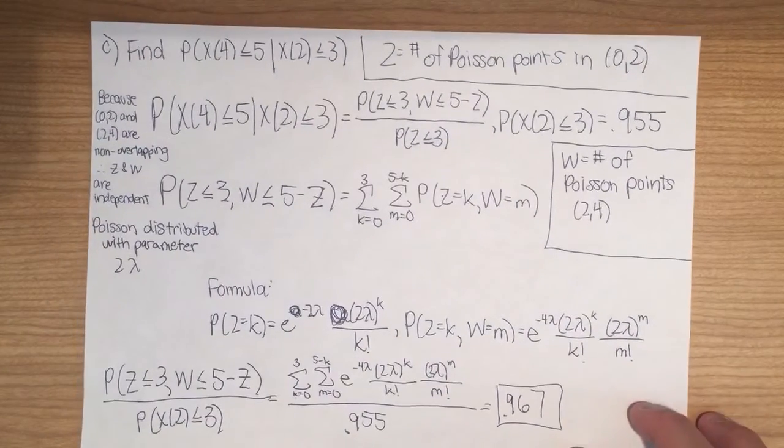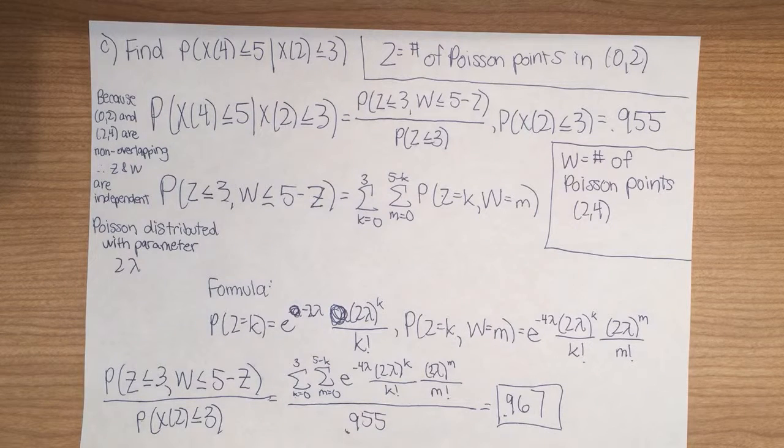All right, now this is the more difficult part of the question. This is part C. Please feel free to pause the video whenever you are confused. It's going to run a little bit long. So Z equals the number of Poisson points in 0 to 2.